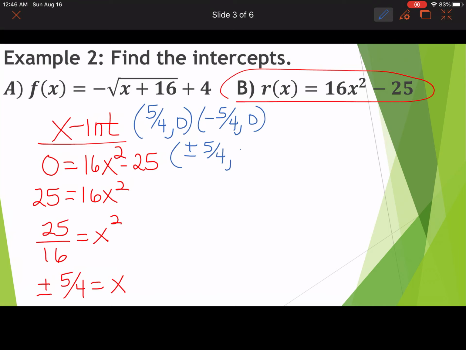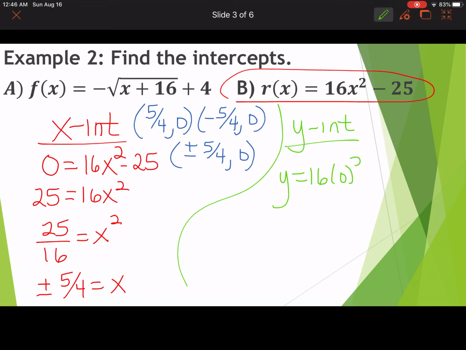So I'm going to add 25 to both sides. I'm going to then divide by 16. And when I take the square root, I get positive and negative 5/4. Anytime you take the square root, you have two answers.